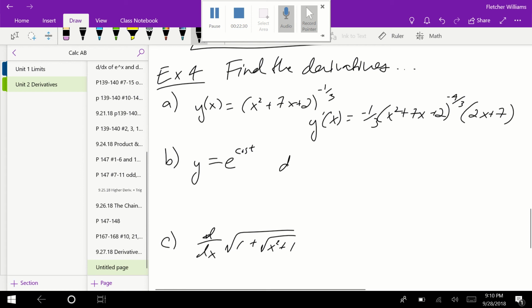Second one, dy dt: the derivative of e to the whatever is just e to the whatever, times the derivative of the whatever, which will be a negative sine t. So you can just write negative e to the cosine t sine t.